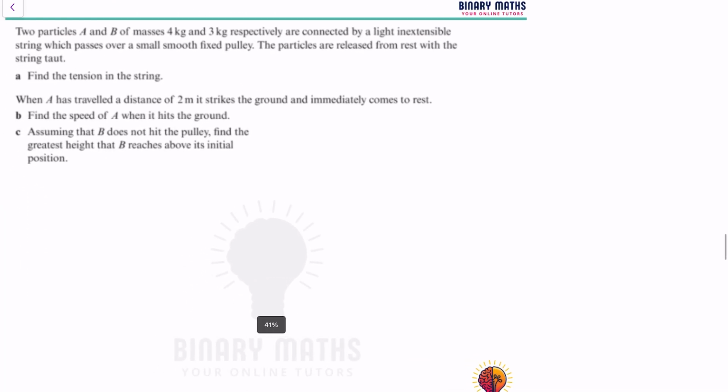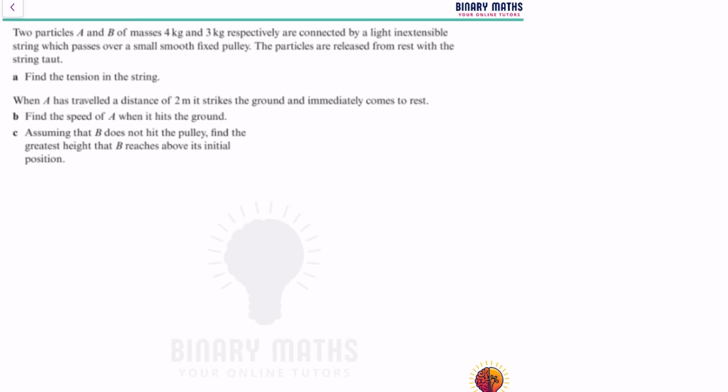Okay, two particles A and B of mass 4 kg and 3 kg respectively are connected by a light inextensible string which passes over a small, smooth, fixed pulley. The particles are released from rest with the string taut. So we've got a pulley, we've got two particles. A is 4g, so A weighs more.